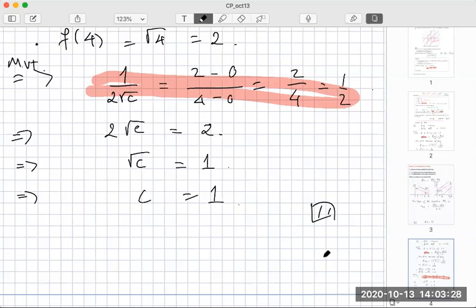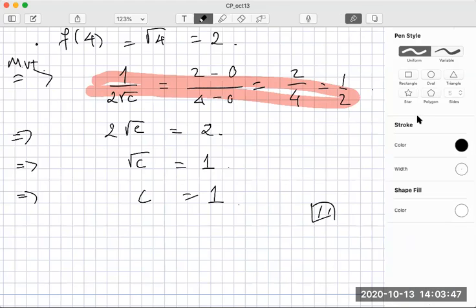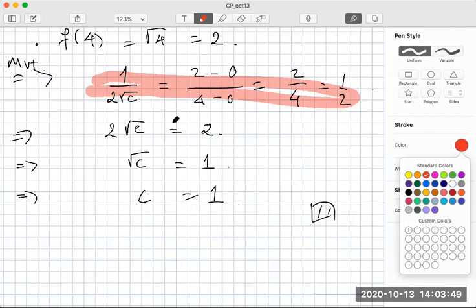So do you have any question for me? Is it clear? You got 2 square root of c equals 2 from 1 over 2 square root of c equals 1 over 2. You just got rid of the 1 on top, right? Yes, correct. Got it. Thank you. You're welcome. Or the faster way to see it. Look at this.